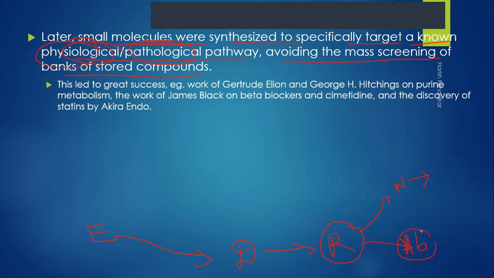And if it is involved in the abnormal processes, then it will be called a pathological pathway. So now in modern drug discovery, we try to find out the receptor first, the target first, and then for that receptor we try to devise a drug.